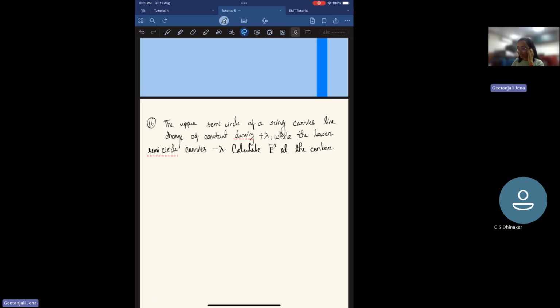Let me read out the question. There is an upper semicircle of a ring which has line charge density lambda, and the other semicircle has line charge density minus lambda. The problem asks us to find the electric field at the center of the circle.